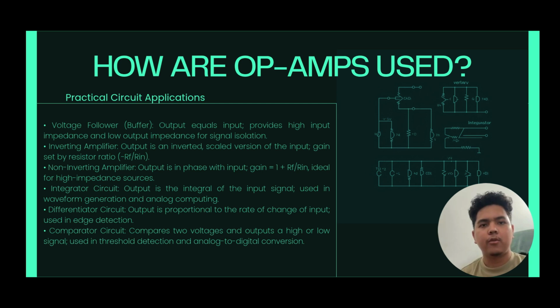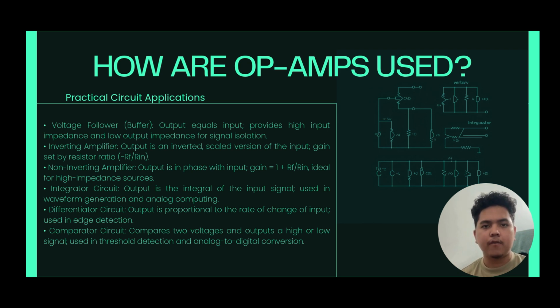Now that we know how they work, how do we actually use them? In practical applications, op-amps are incredibly versatile. Take the voltage follower, which acts as a buffer. It keeps the output equal to the input while isolating the signal using high input and low output impedance. We can also use them to scale signals.